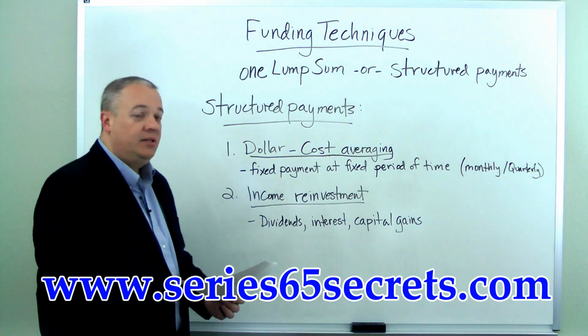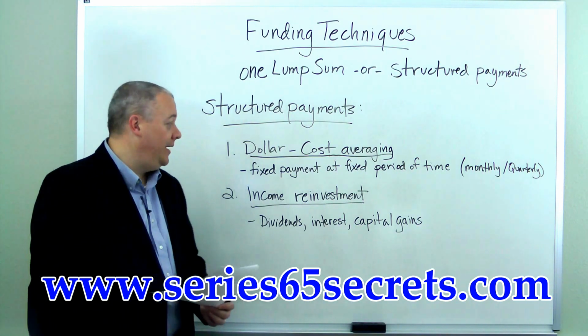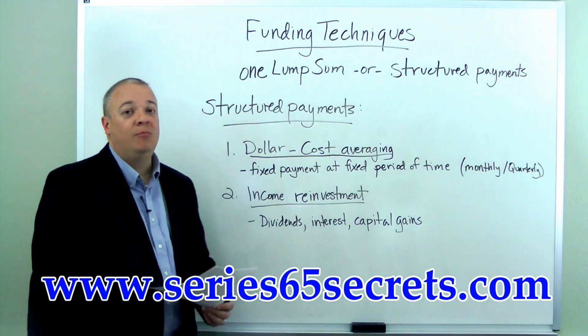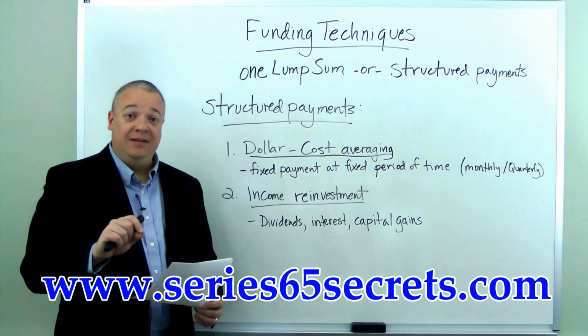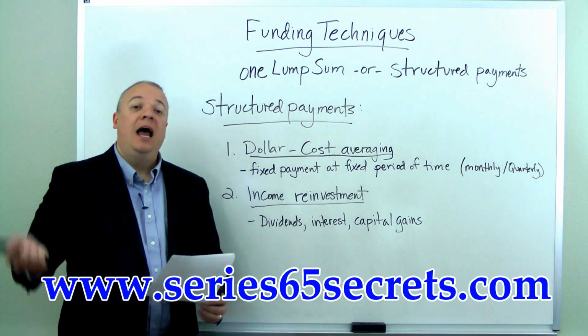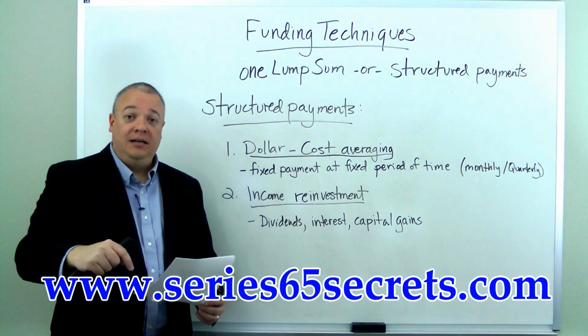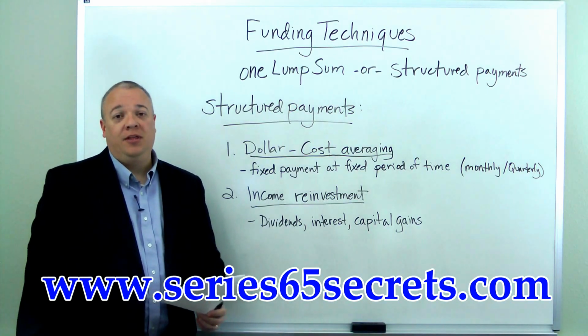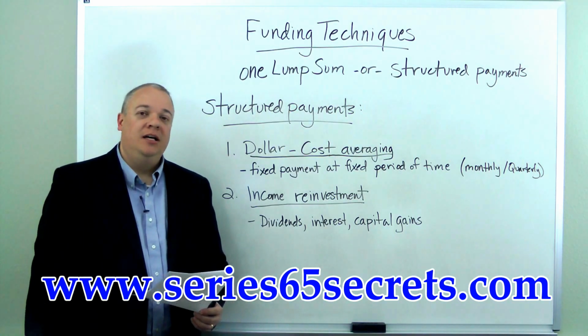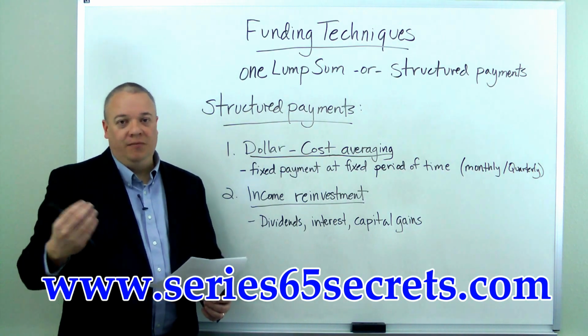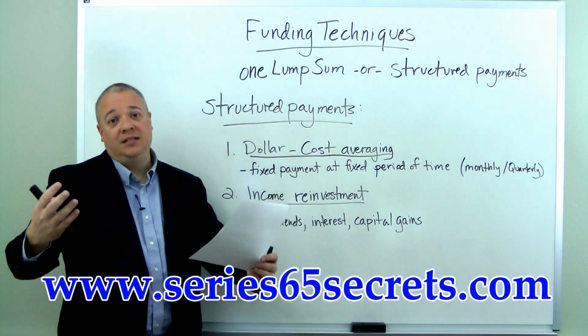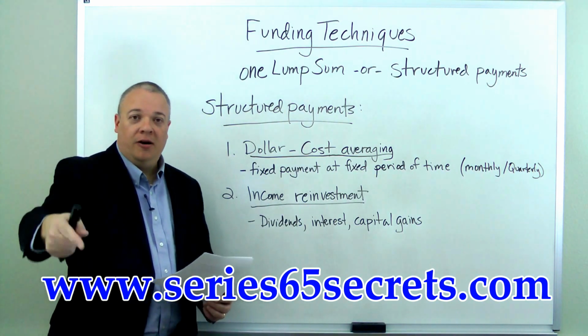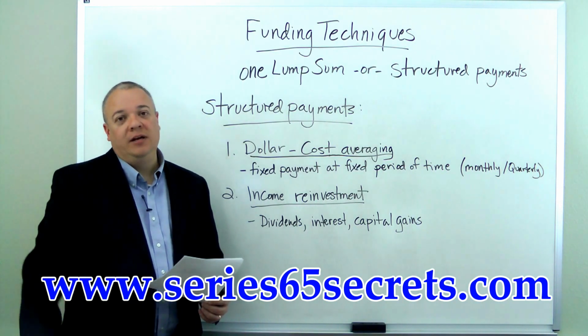Also under structured payments, some people choose to reinvest their income. So income reinvestment is basically taking dividends, interest, or capital gains and reinvesting them either in that fund or in other things, but usually in that fund or that stock. So instead of taking the dividends, interest, or capital gains as payment, they turn right around and buy more and reinvest it.